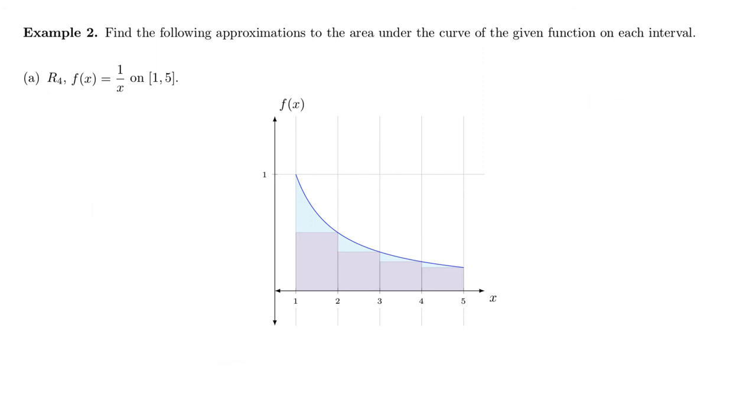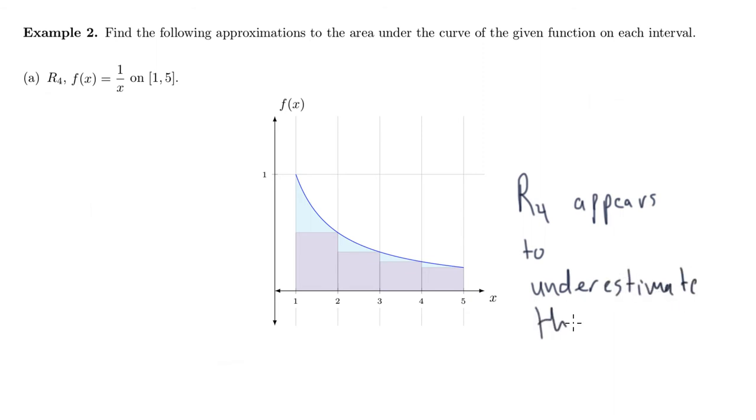So here's just a little bit better picture, computer generated, of what we're finding here. Okay, so remember the approximated area was just the sum of these 4 rectangles, and we got 154 over 120, and I just want to point out that R4 here appears to underestimate the area.